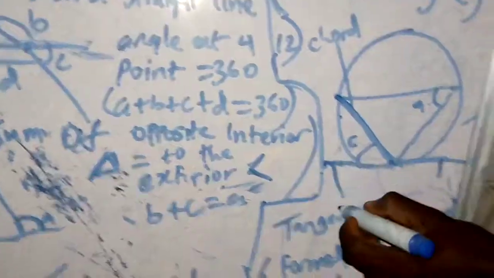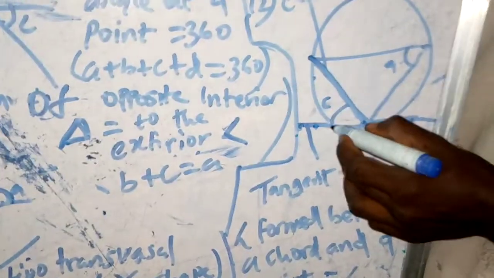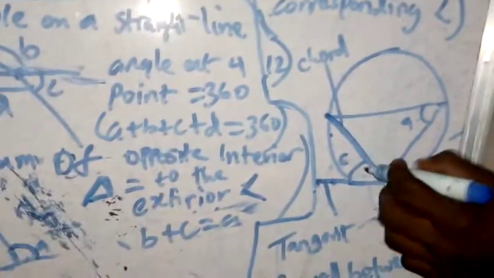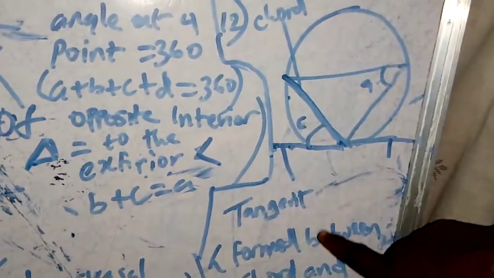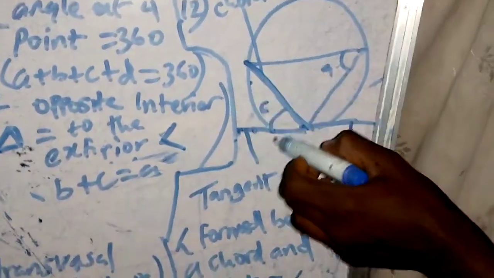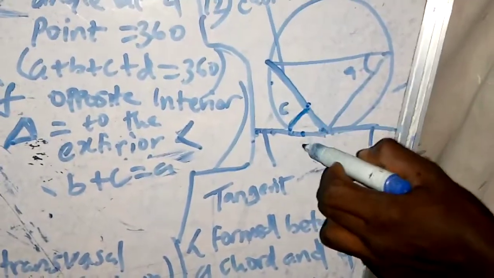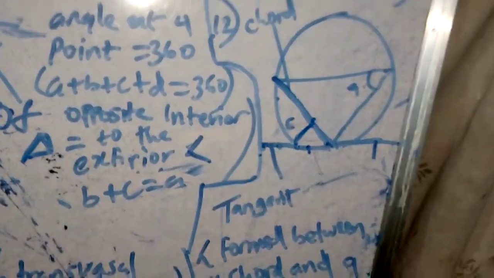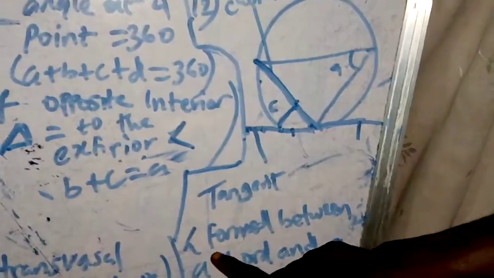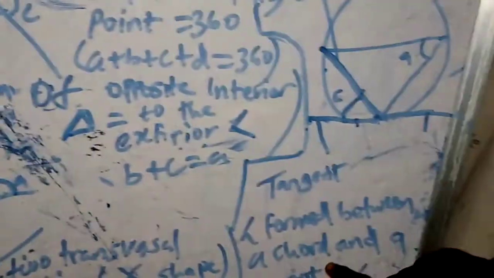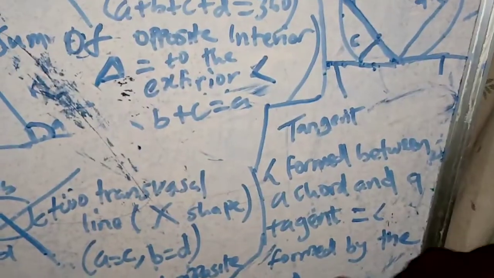The reason is that the angle between a chord and a tangent equals the angle formed by the chord.